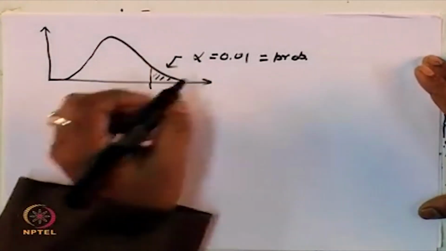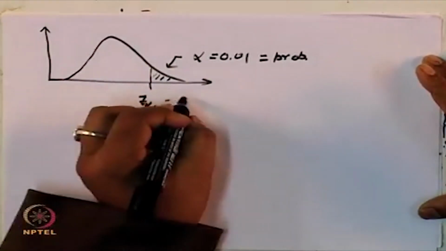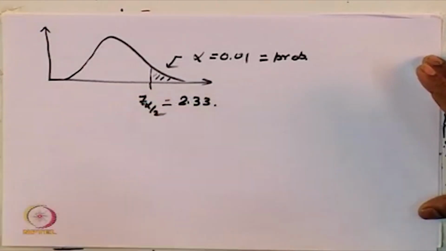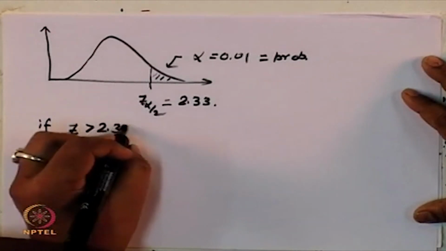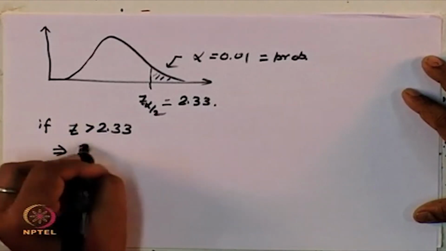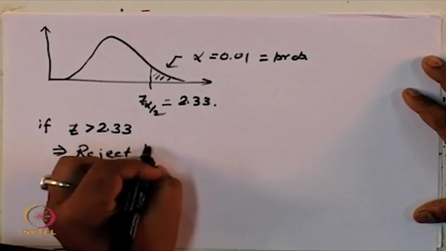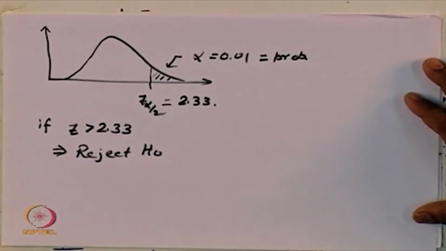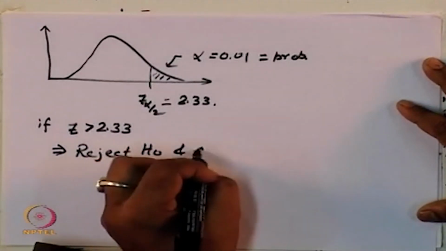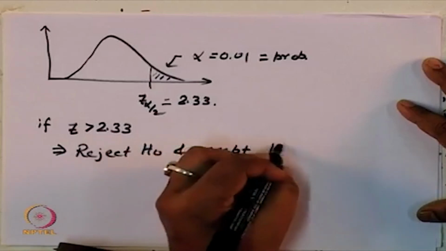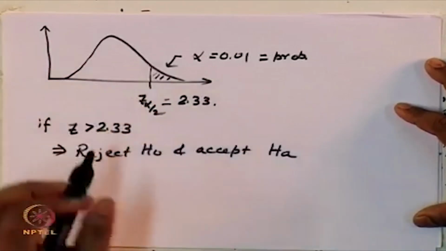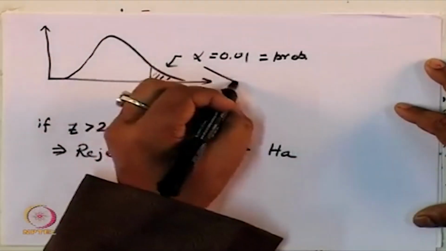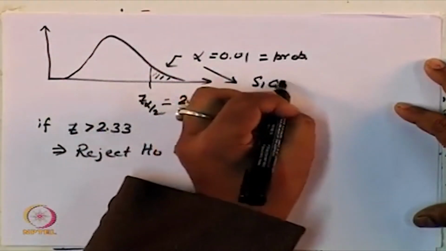So, if I choose alpha equal to 0.01, then Z of alpha by 2 becomes 2.33. So, if for the sample my Z value is greater than 2.33, then I would reject H naught and accept H A. So, alpha is nothing but the area under the curve. Alpha is also called the significance level.